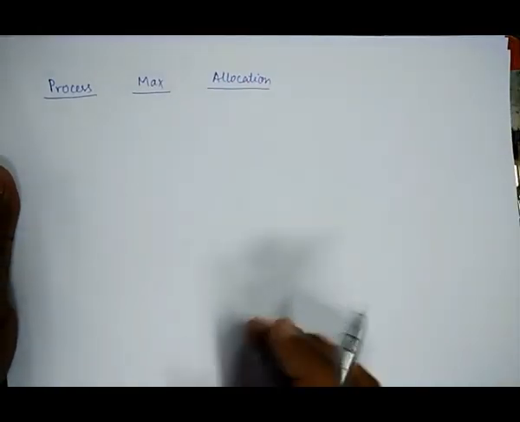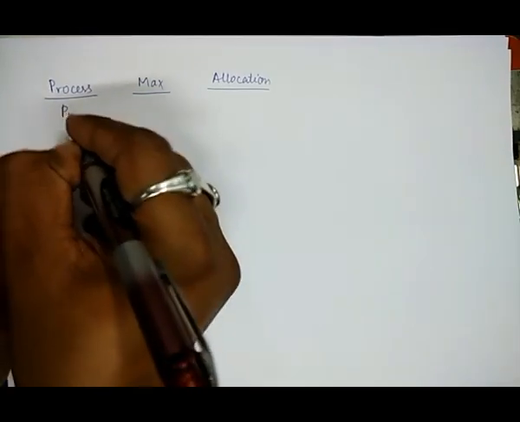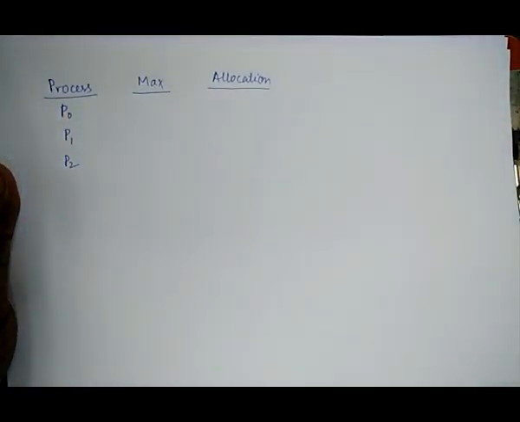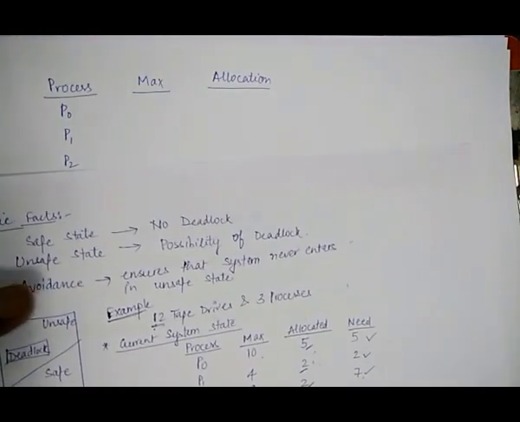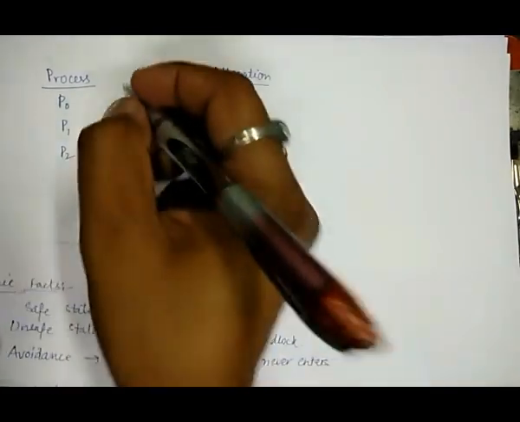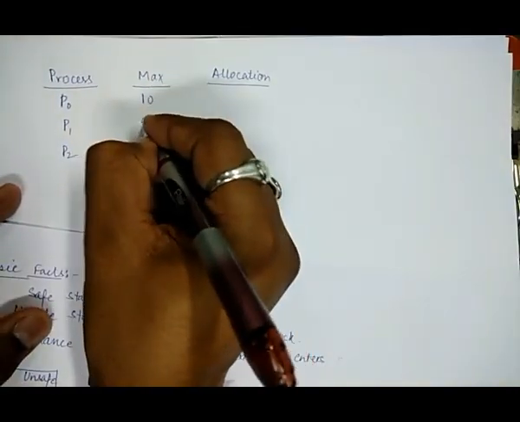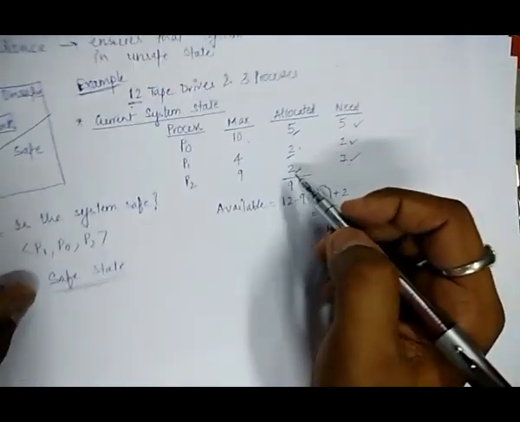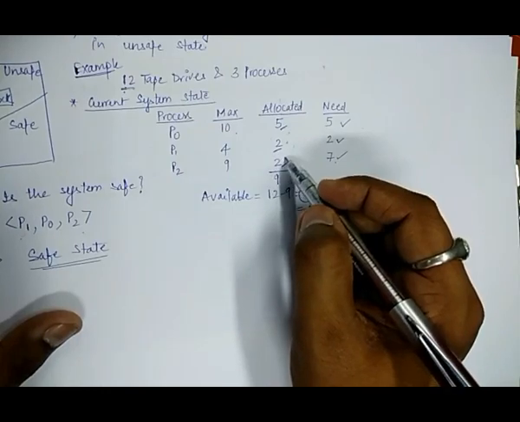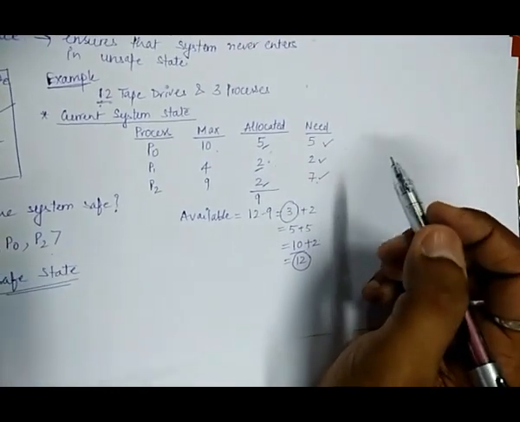Okay, the processes we are having are P0, P1 and P2, and we can copy them from here. The max needs are 10, 4, 9. So 10, 4, 9, and allocations are 5, 2, and we have said that P2 requests an additional resource and it is allocated, so it will be increased by 1, so 3.